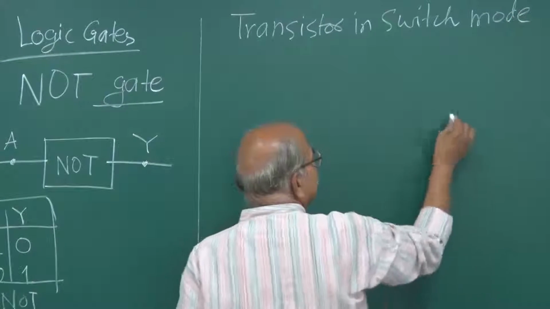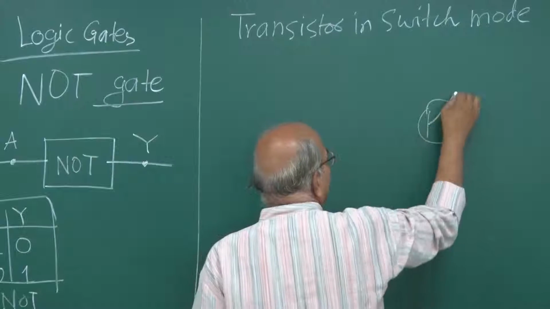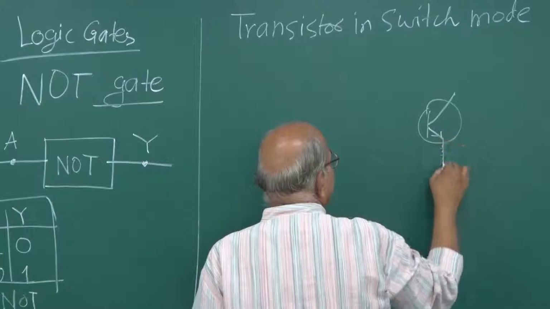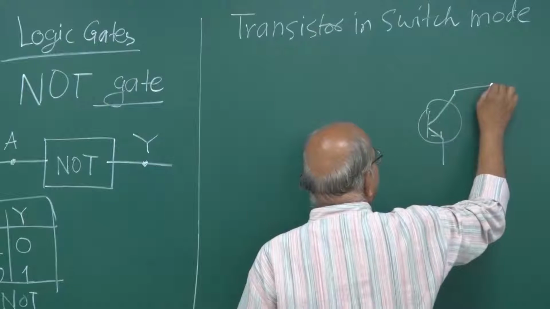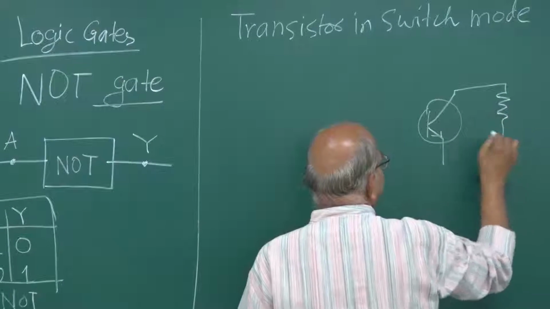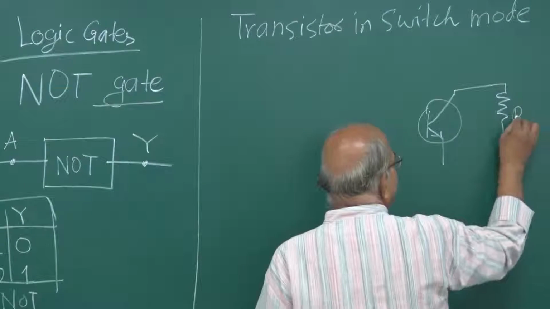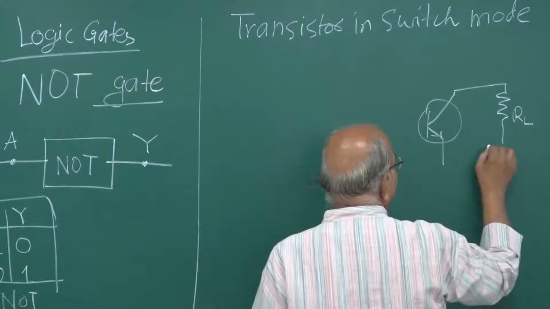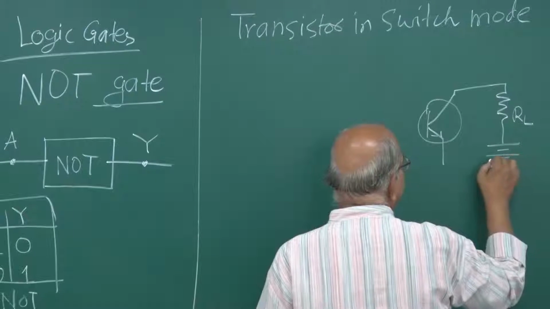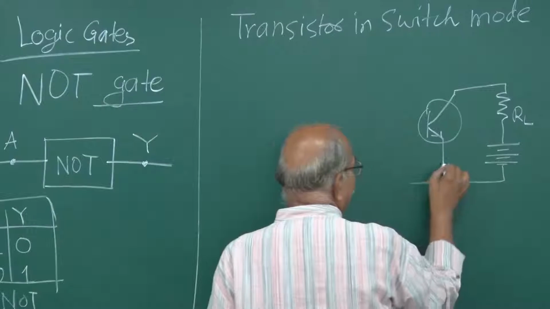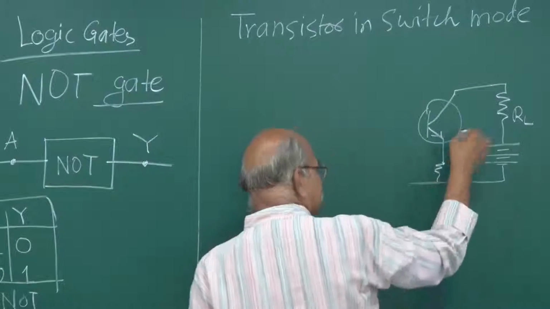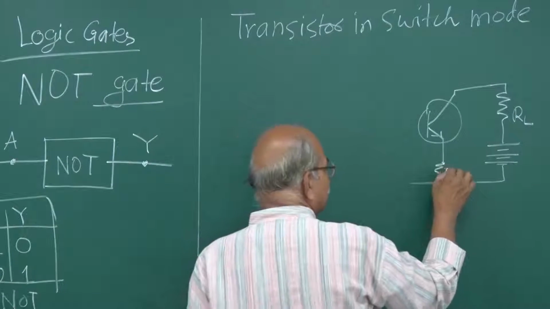So if you take an NPN transistor, as we had been doing, you have that load resistance or collector resistance, and then you put your biasing here. You put some resistances, some capacitances, all those things I am not showing.